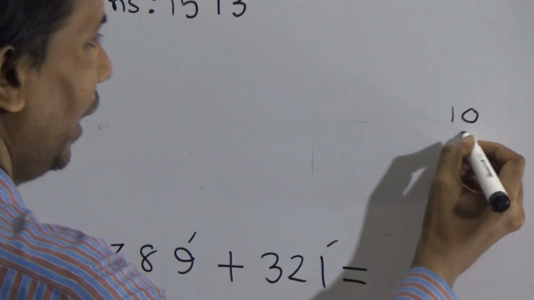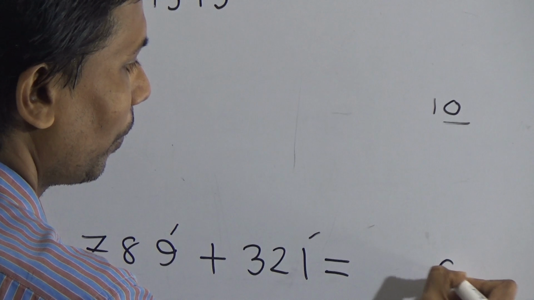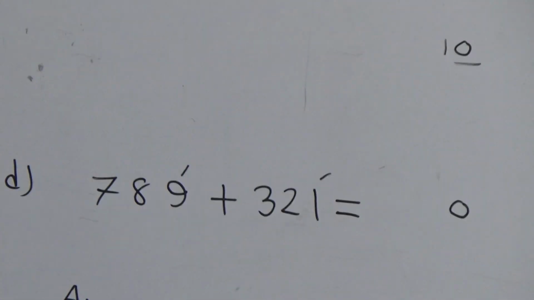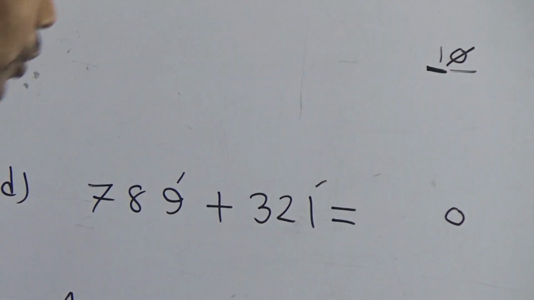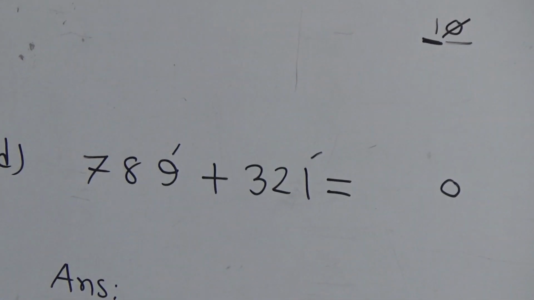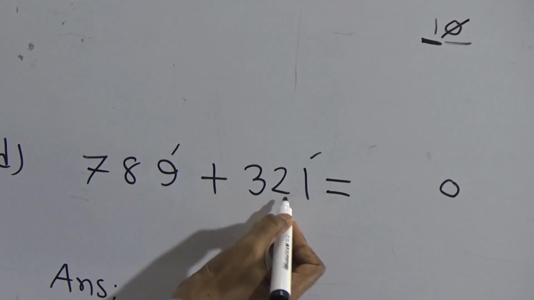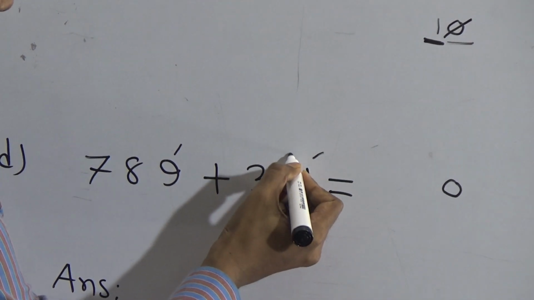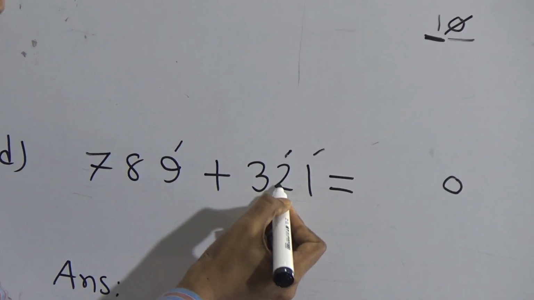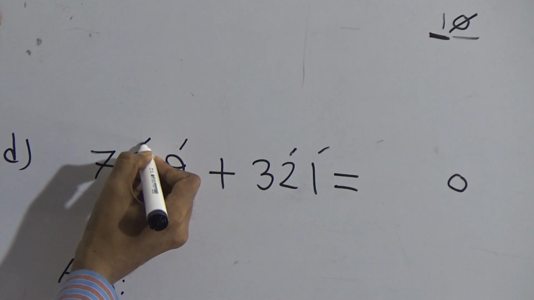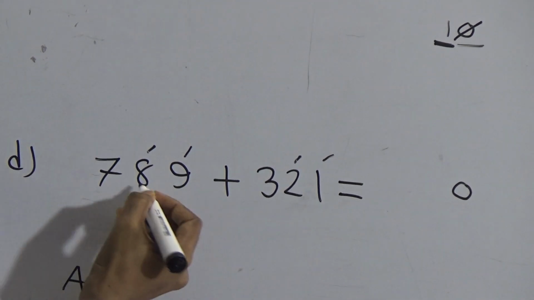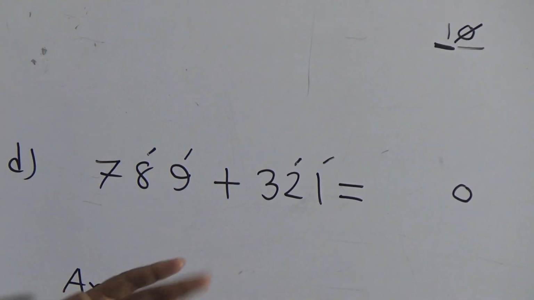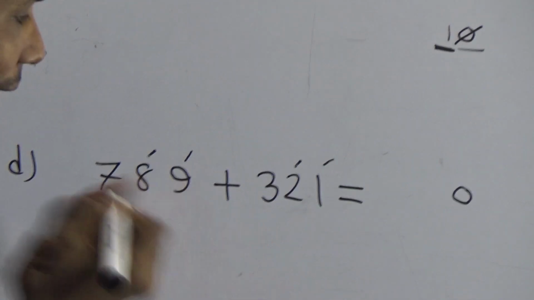So you write here 0. And you have 1 in your hand. Now you consider this is the tens place, and this is also tens place. 8 plus 2: 8, 9, 10.